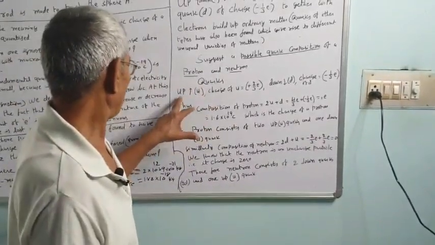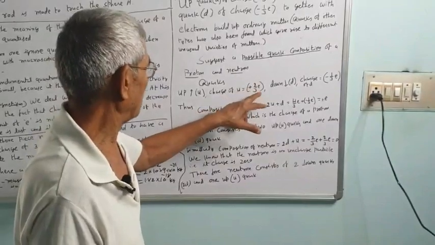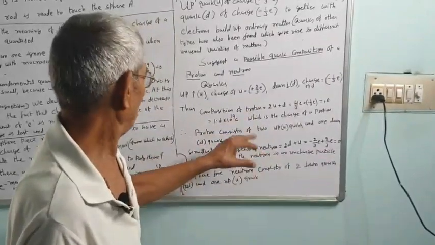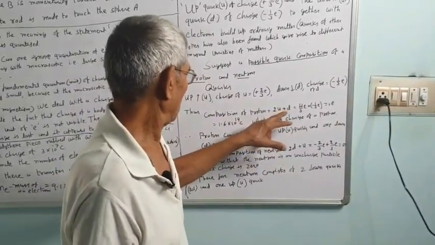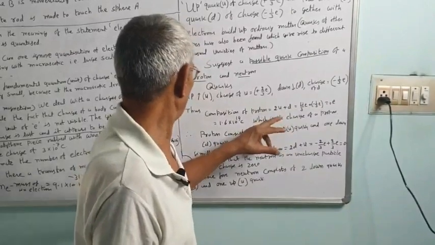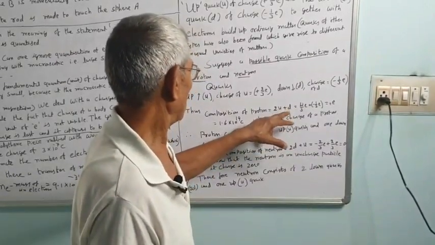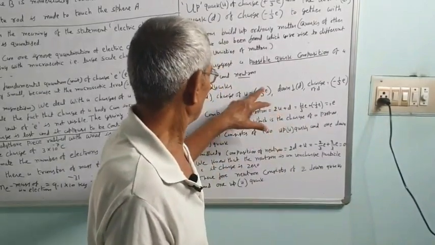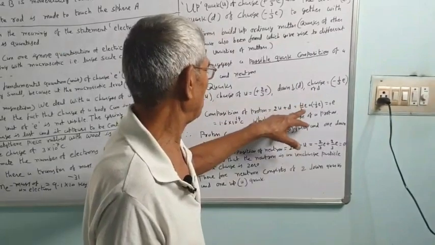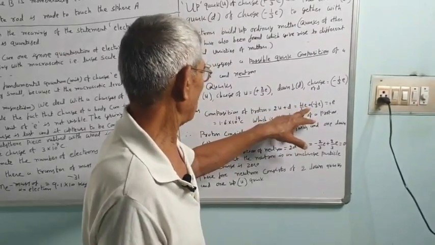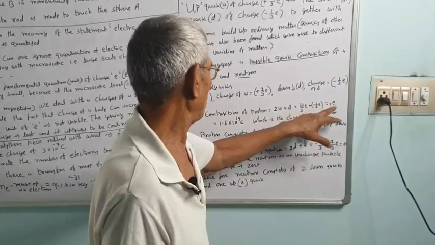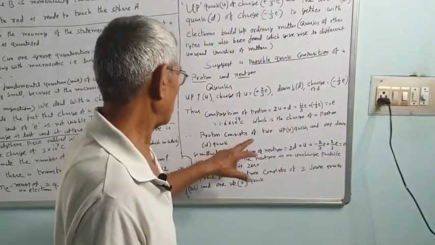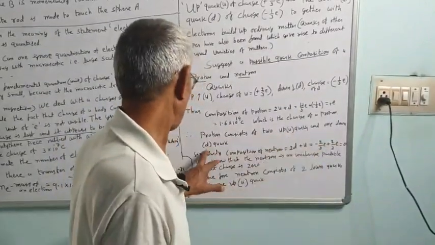The up quarks have charge plus 2 by 3 e, and down quarks have charge minus 1 by 3 e. Thus the composition of a proton must be 2 up quarks and 1 down quark. 2 up quarks have charge 2 by 3 e multiplied by 2, that is 4 by 3 e. 1 down quark has charge minus 1 by 3 e, so the total is plus e, that is the charge of a proton. The proton consists of 2 up quarks and 1 down quark.